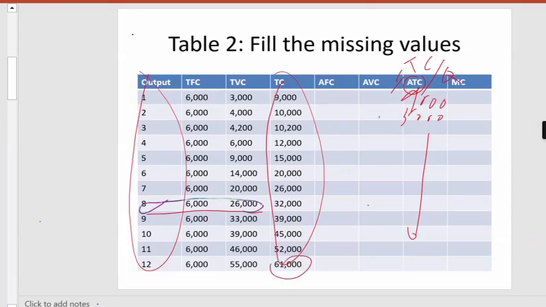Kwa mfano, if you compute this one at level 12, 61,000 divided by 12, you get how much? 5,083.